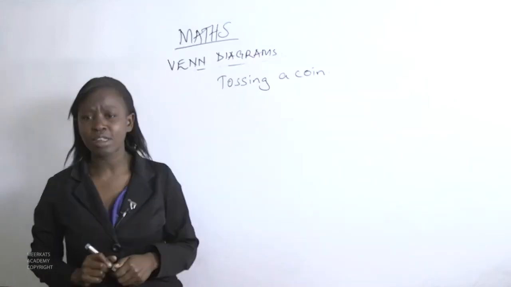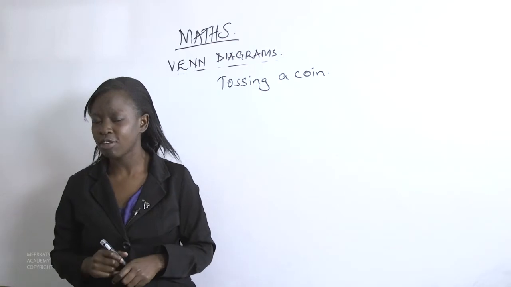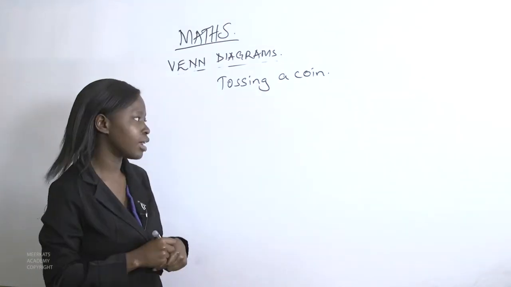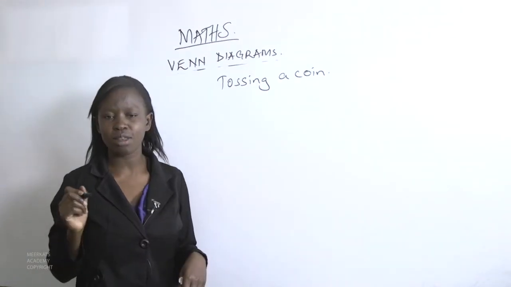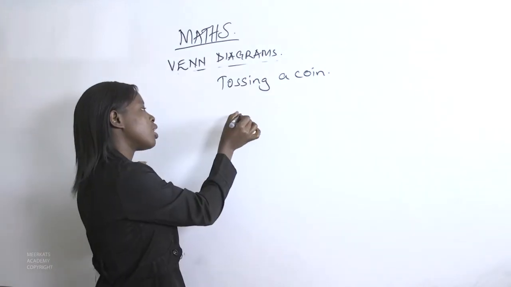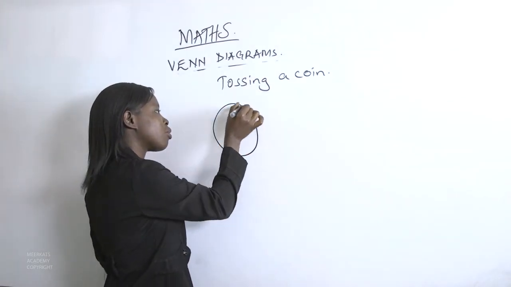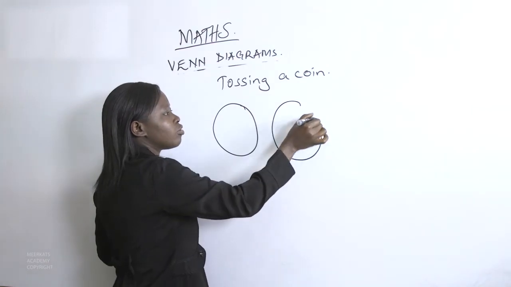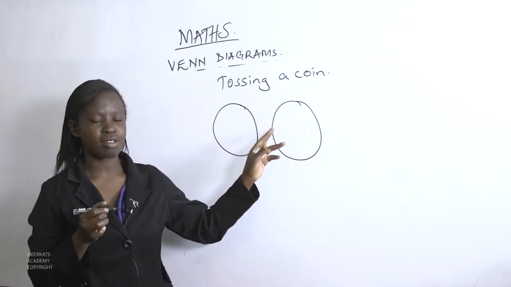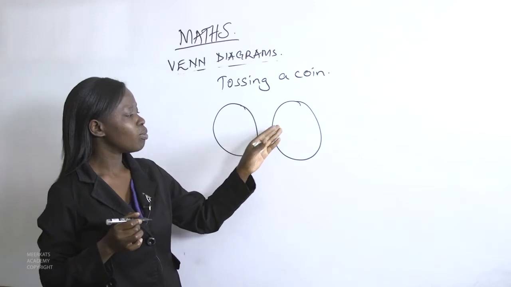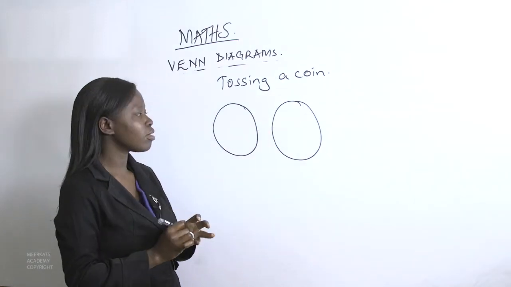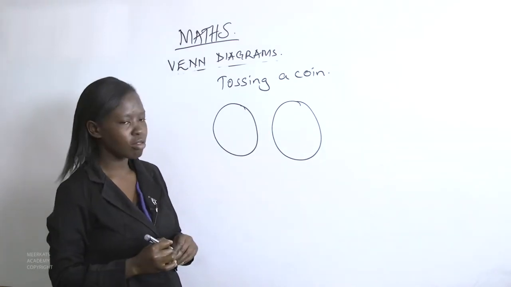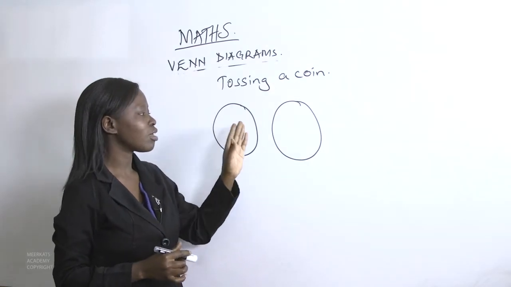How do we represent mutually exclusive events on a Venn diagram? So if I'm having two events and they are mutually exclusive, then you simply draw the two circles that are representing the two events, but they will not intersect. We've been drawing circles where the events were not mutually exclusive, in that we were intersecting the circles.